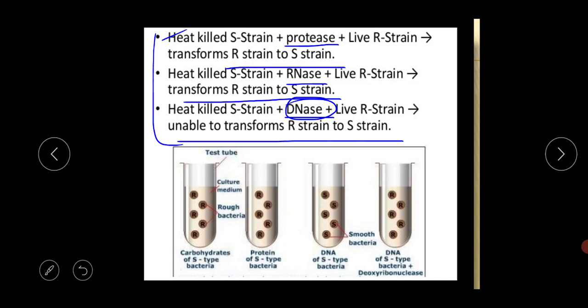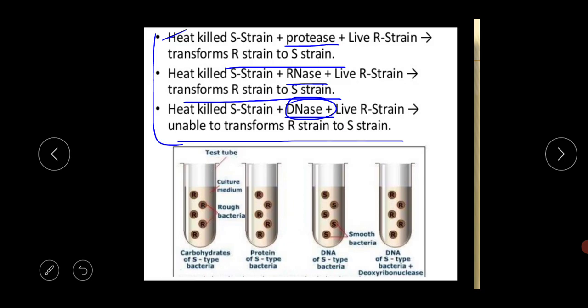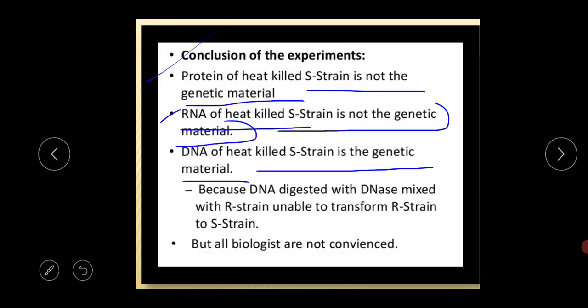So it's not the genetic material, because it still transforms R strain to S strain. The RNA of the heat-killed S strain is not the genetic material, because when we use the RNase enzyme, which acts on the RNA, the R strain still transforms to the S strain. So it means it's not the genetic material.